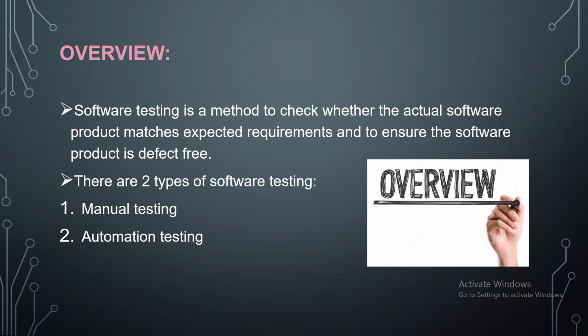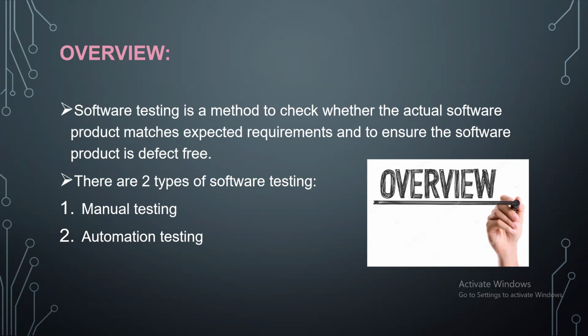So our ultimate goal is to find the defects, and make the software 100% defect-free. And the second thing is the requirements, whatever the clients give me, the expected requirements should meet the actual requirements. So this is all about software testing.